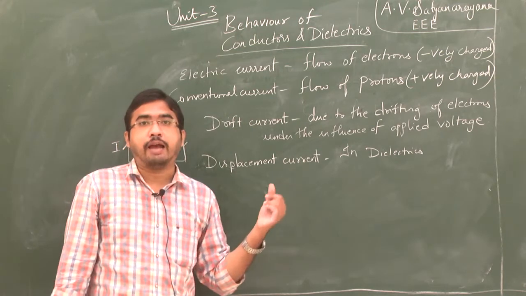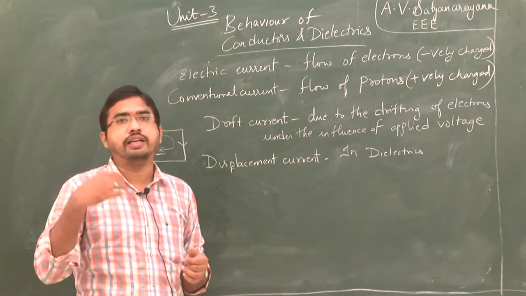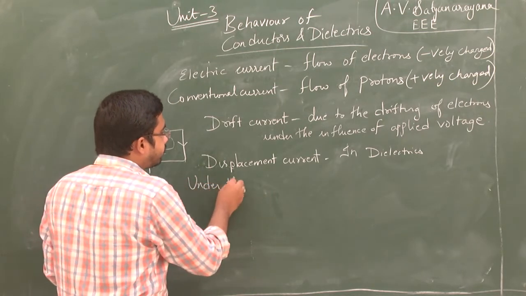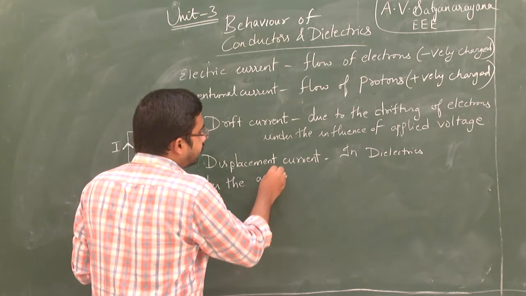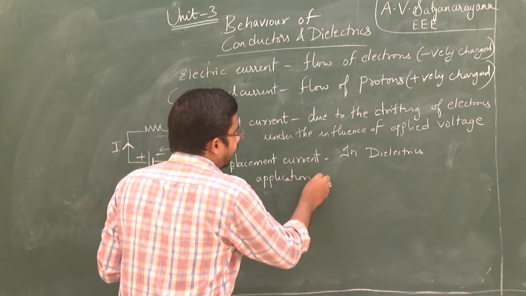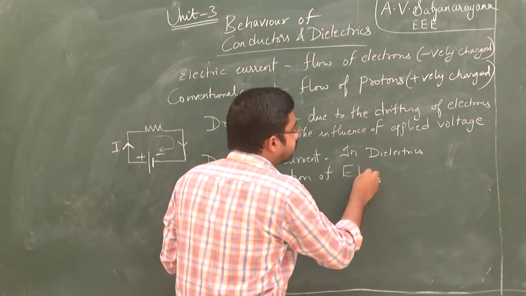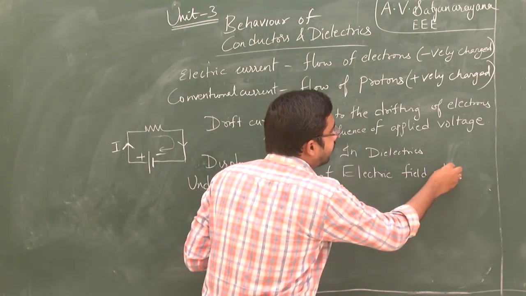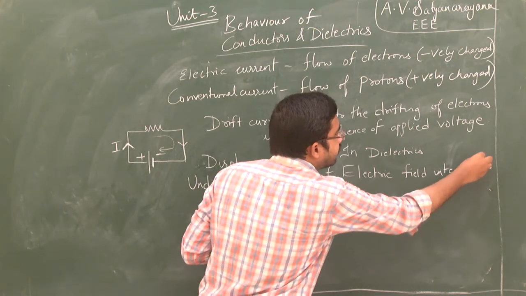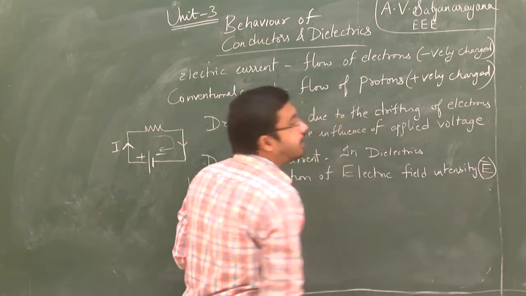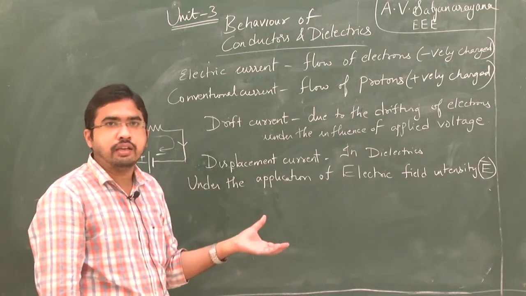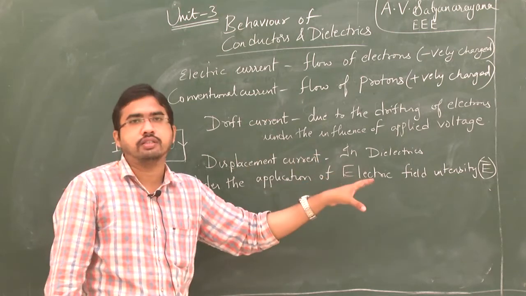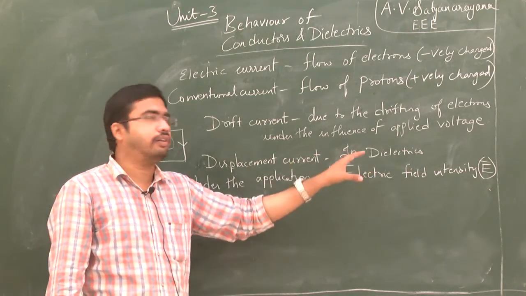But if you apply some electric field intensity, that means E bar, to the dielectric, though the dielectric acts like an insulator, there are no free electrons in dielectrics. That is the normal behavior of dielectrics.